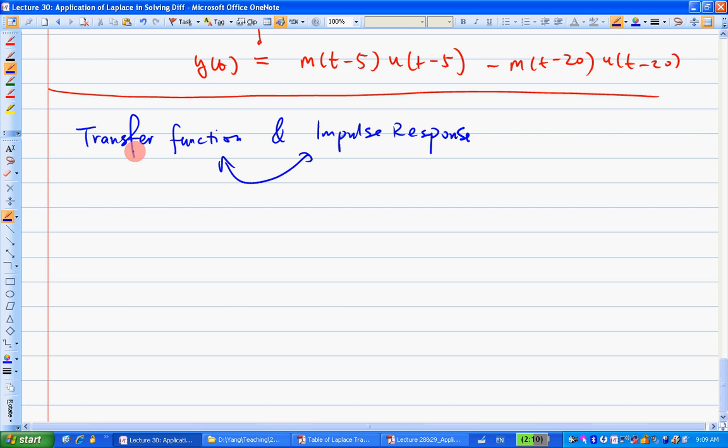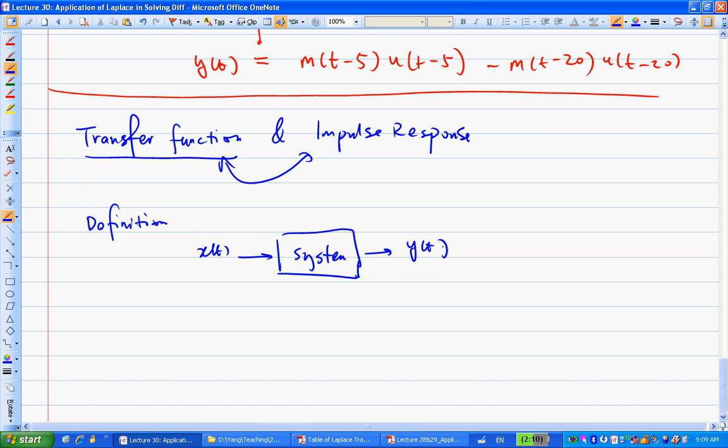So there is a connection between these two. But first of all, let's take a look at what the transfer function is. Definition first. I'm going to use a system right here, and I give input to the system. We get an output from the system. This is supposed to be an LTI system.